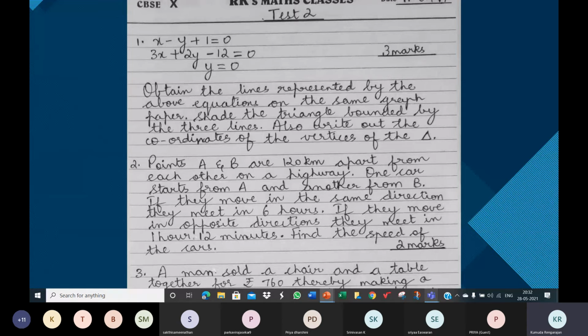Srinivasan, your graph also is very neat. So 2 of them have got it right completely.